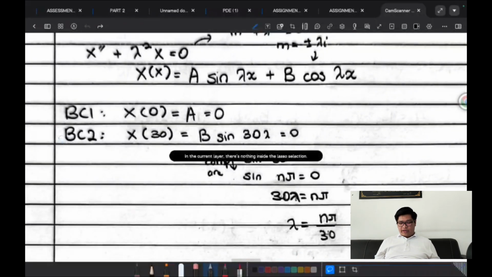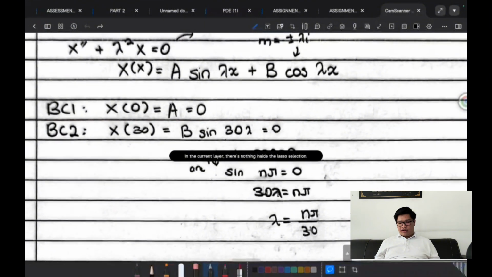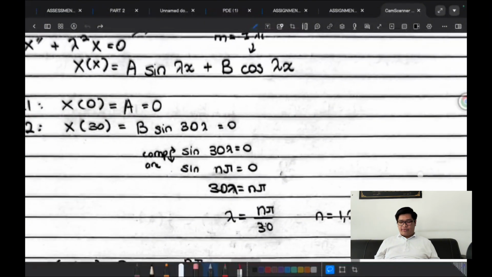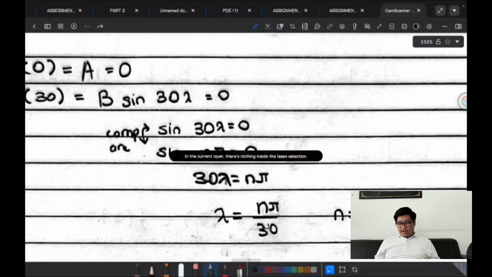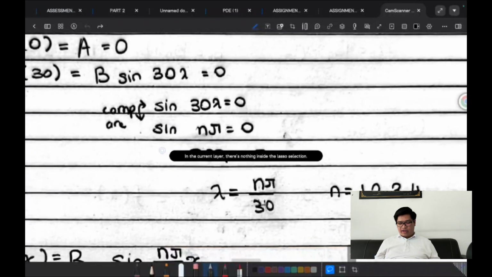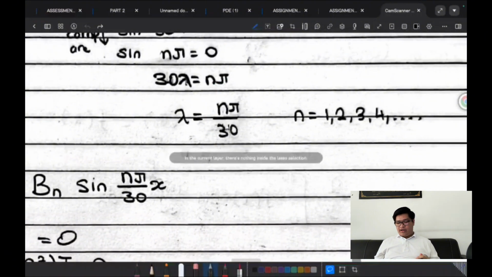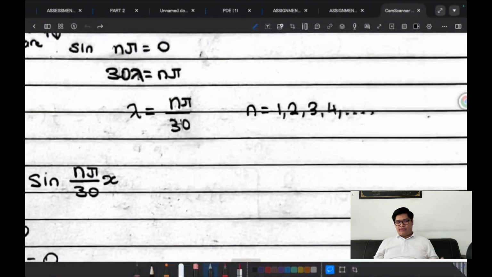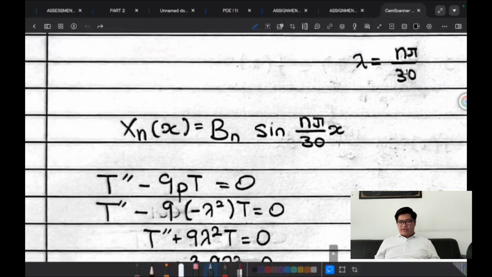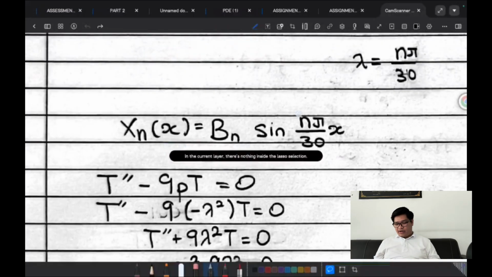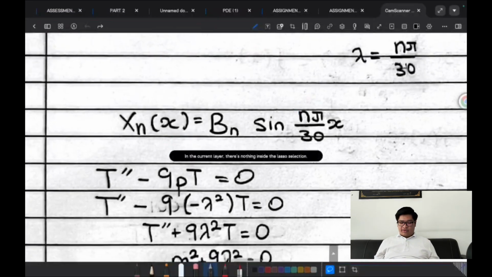But for boundary condition 2, X(30) is, we can get b sine 30 lambda equal to 0. We compare that sine 30 lambda is similar to sine n pi. So we equalize 30 lambda with n pi, we get lambda equal to n pi over 30, and n is 1, 2, 3, 4 and it continues. So the x term is X equal to bn sine n pi over 30 x.